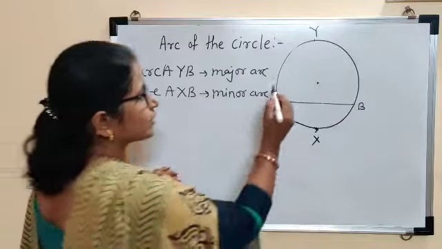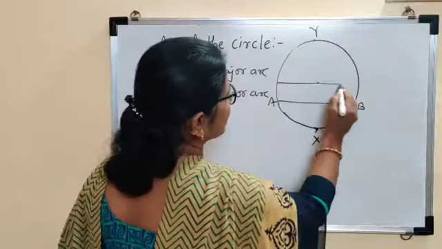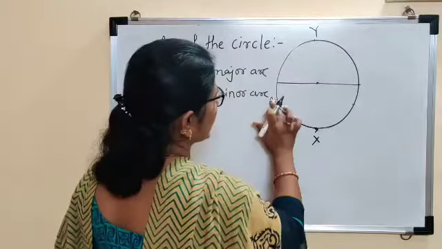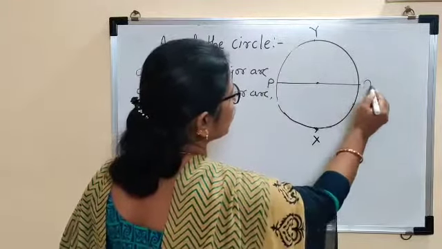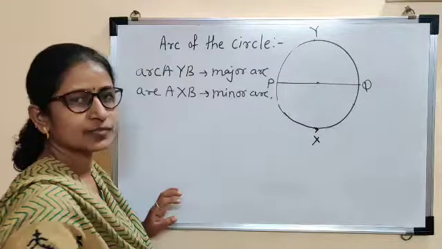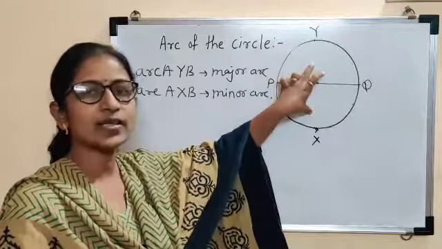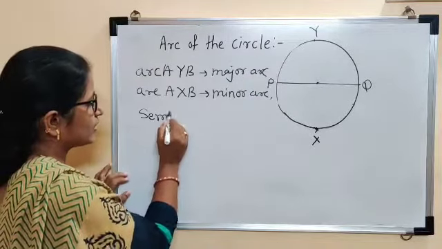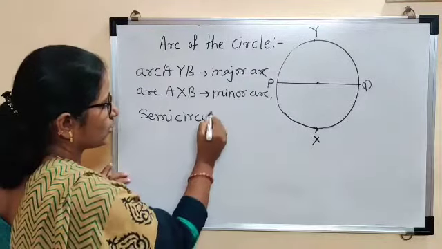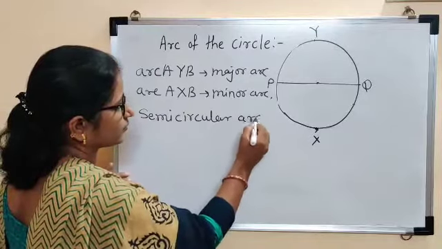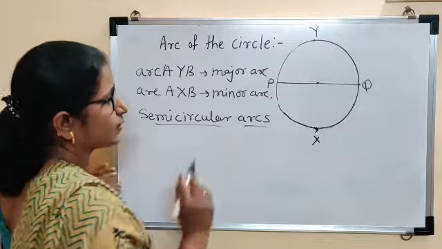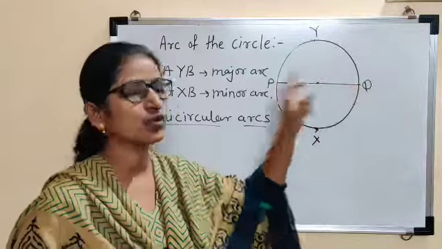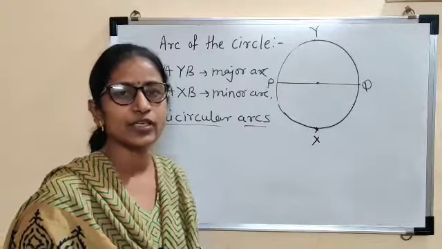And when you divide the circle from the diameter, the middle one, when you draw the diameter, the circle divides into two equal parts. Then these two arcs are called semicircular arcs. Which arcs? Semicircular arcs. So now PYQ and PXQ are called semicircular arcs.